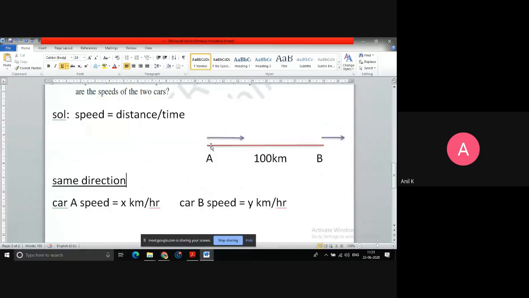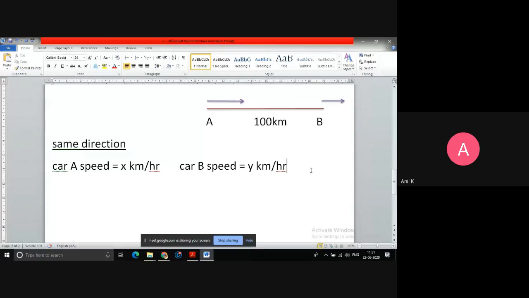That means A is traveling 5 hours, B is also traveling 5 hours in the same direction. So time for both the cars equals 5 hours. After 5 hours, they are meeting at a certain point.